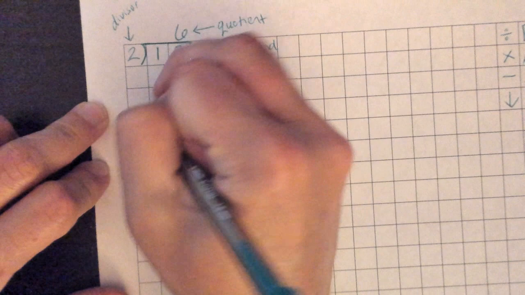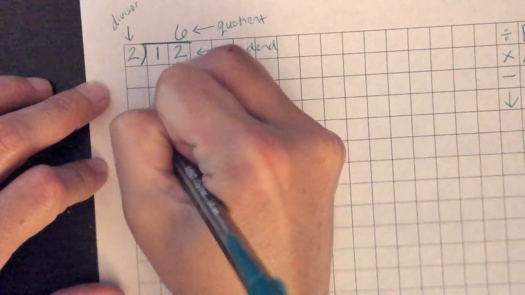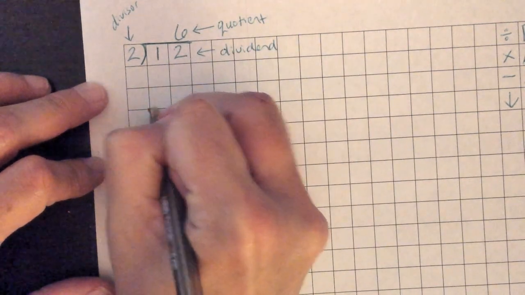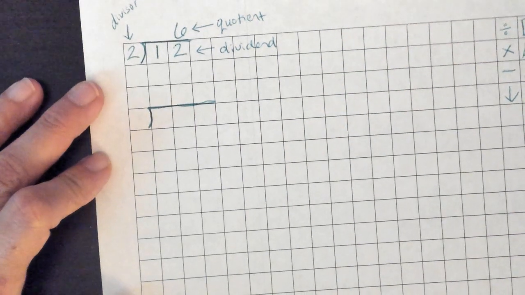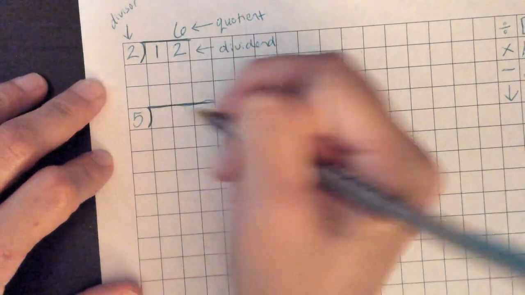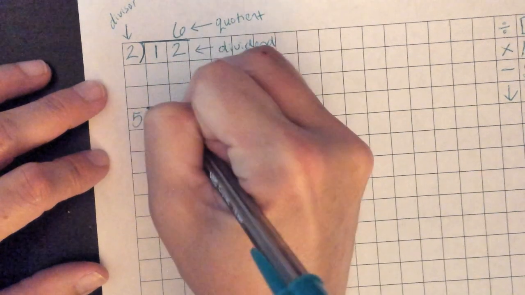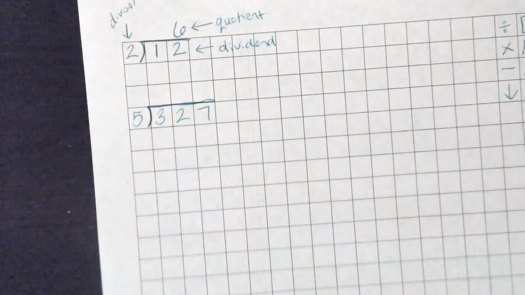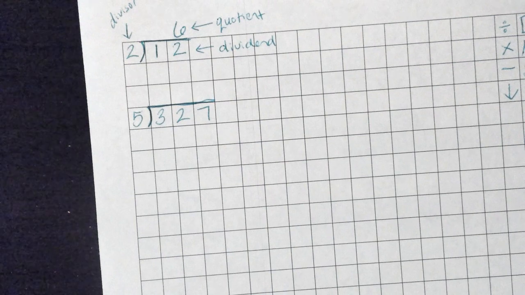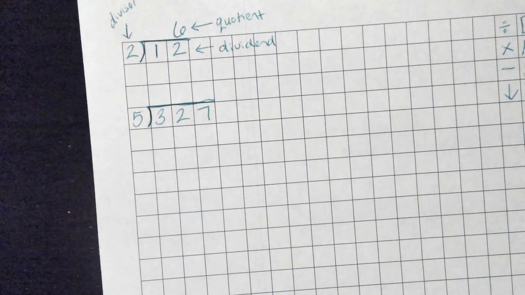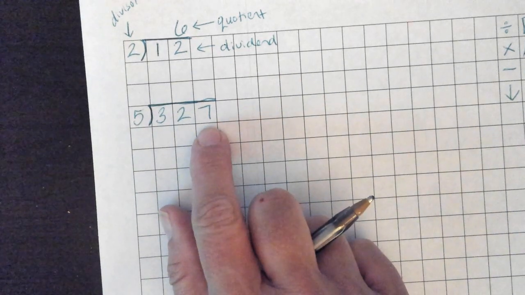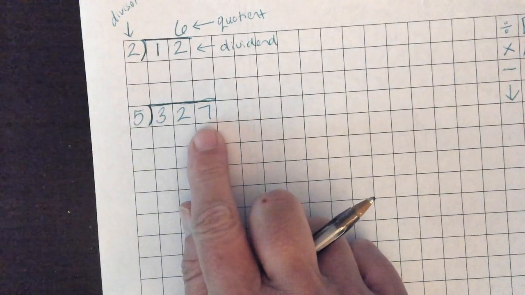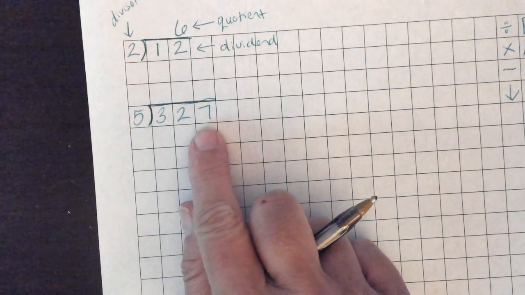So I'm going to come down here, and I'm going to do a one-digit divisor and a three-digit dividend. So I'm going to do 5 goes into 327, so 327 divided by 5. I think you can tell that I'm going to have a remainder, because 5 is not going to go evenly into 327.